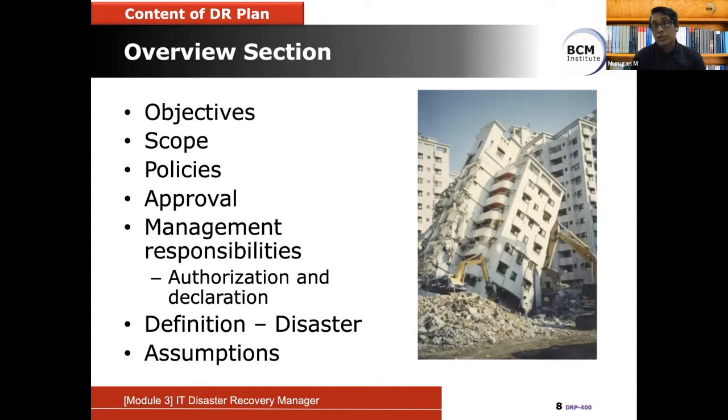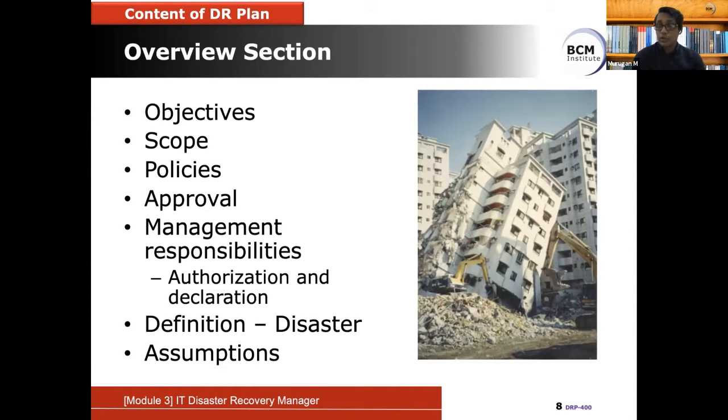You will have your management's responsibility section, which covers declaration, your severity levels, the flow charts, and authorizations. And then you will do a section for disaster definitions. When we talk about disaster, it doesn't have to be just a natural disaster. There will also be a classification for IT disaster, man-made disaster, and natural disaster. So what is defined as a disaster for your organization has to be developed.